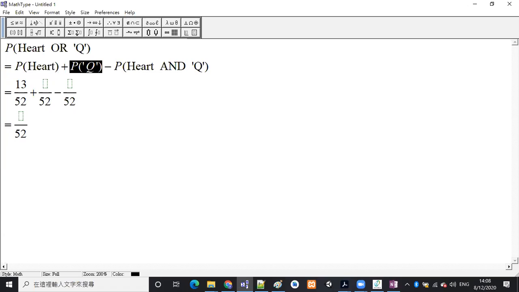跟住第二個，If I want to find the probability of getting a queen, a Q from the 52 playing cards, how many of them are queens? There will be 4 queens.